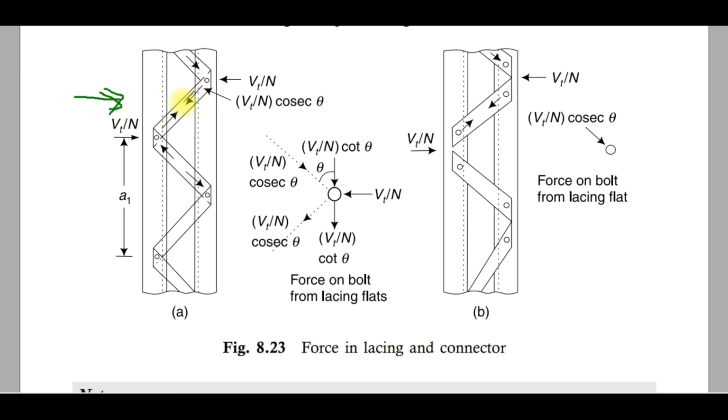If the tensile strength of this lacing bar is not sufficient, what will happen? It will break. There will be rupture or cross section yielding. In that case, this connection will be broken. So you have to ensure that in that accidental case, it should not be broken by this tensile force which may come into the picture.